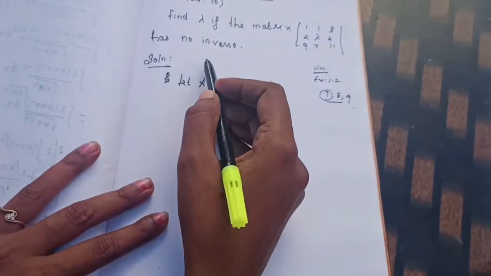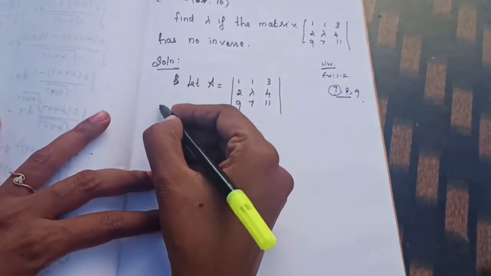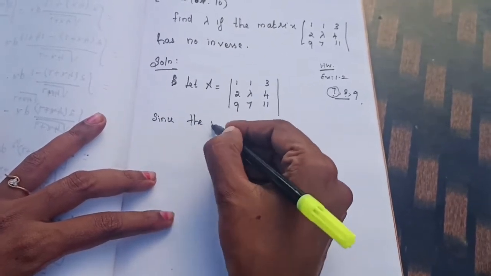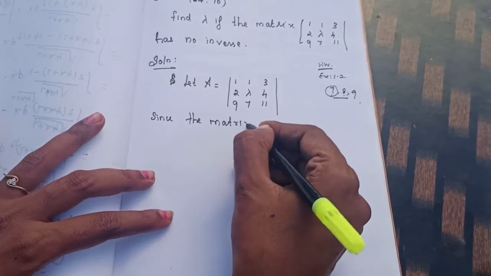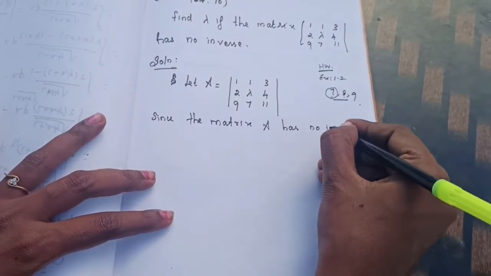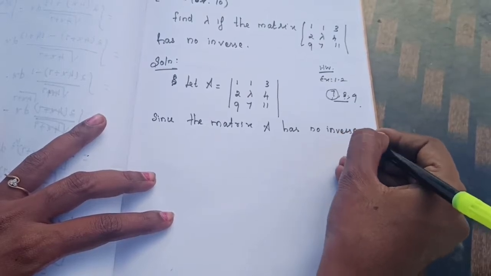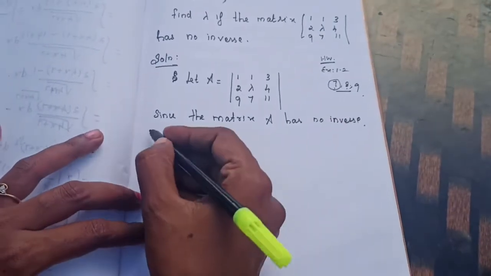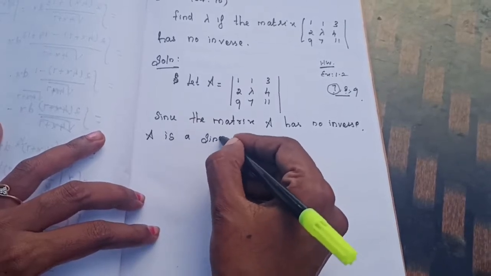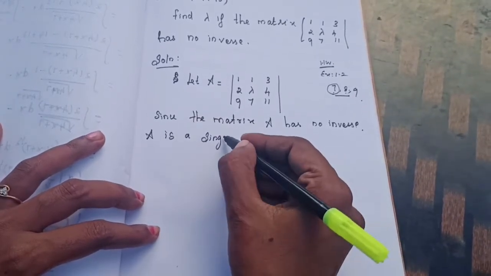In this given question it is given that it has no inverse. Since the matrix A has no inverse, I already taught you: if it is non-singular, then the inverse exists.